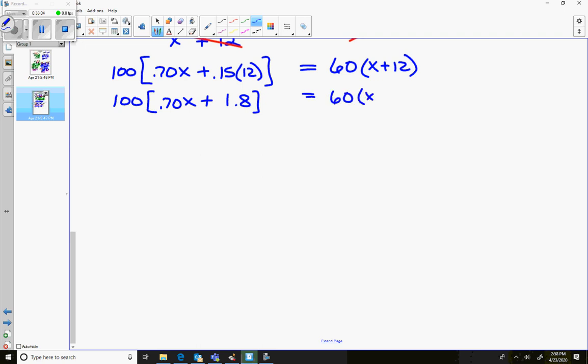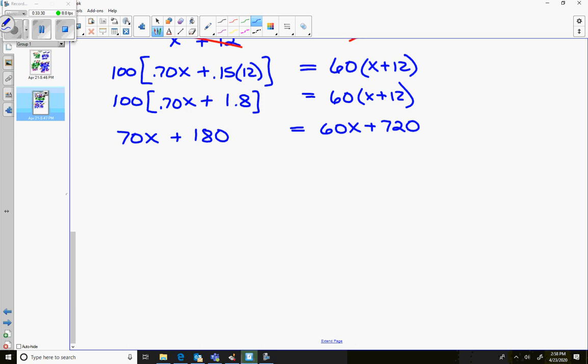I'll just wait and do this on the next step. Could have done it then. But when I distribute the 100, now that just moved all the decimals over 2 places. So I've got 70x. This actually is 180. Equals 60x plus 720.